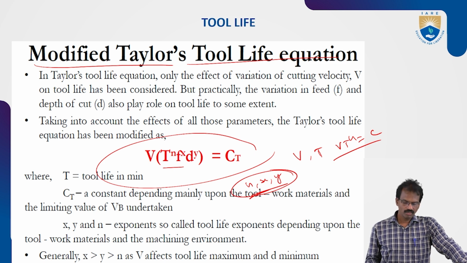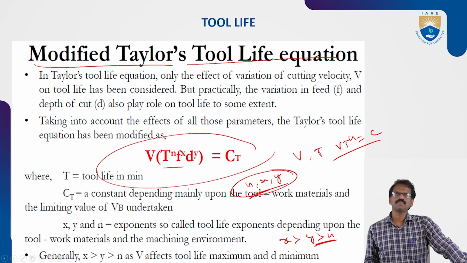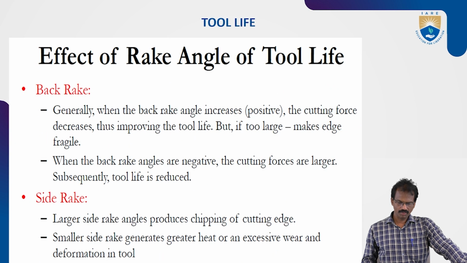Generally x is greater than y, which is greater than n. So speed affects the tool life the most and depth of cut the least. We can observe this.